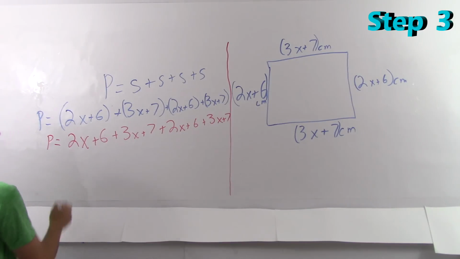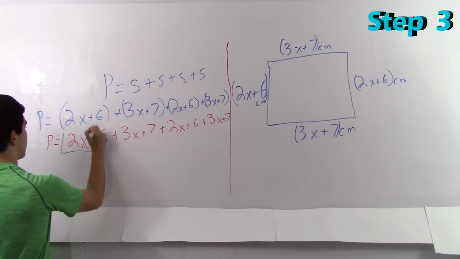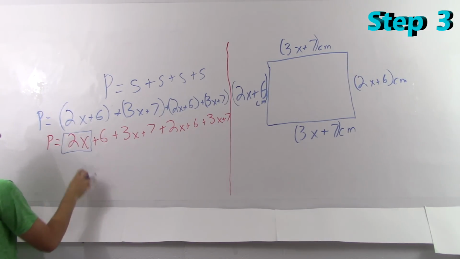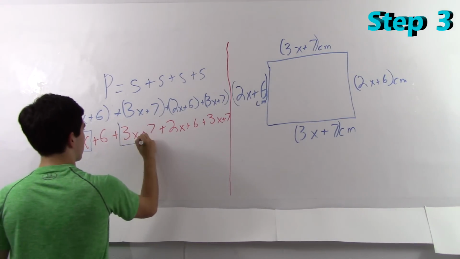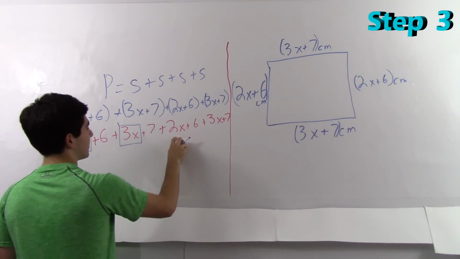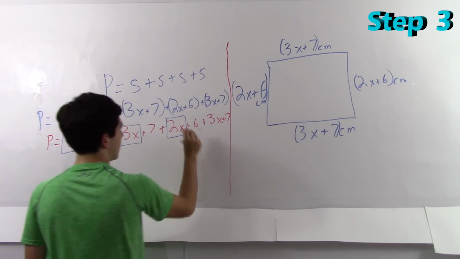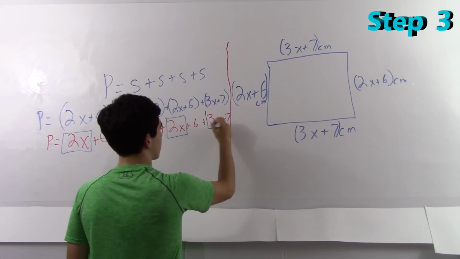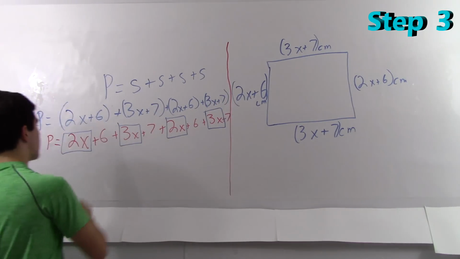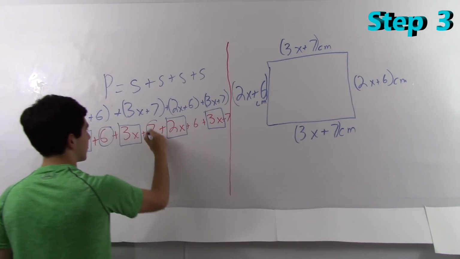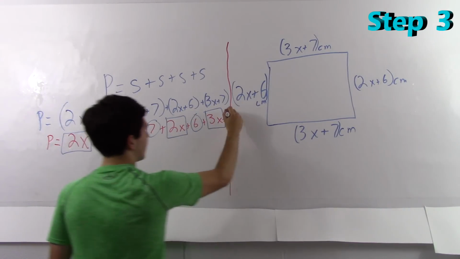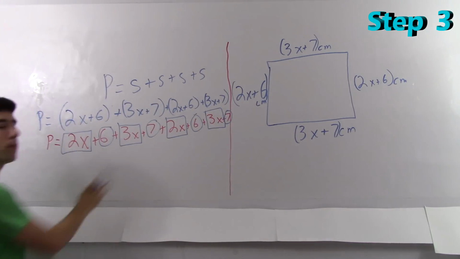So what I'm going to do is I'm going to draw one shape around all the like terms. The terms with an x get a square, and for the remaining ones, I'm going to put a different shape. So 6 gets a circle, 7 gets a circle, 6 gets a circle, and 7 gets a circle. And that's going to help organize this better.